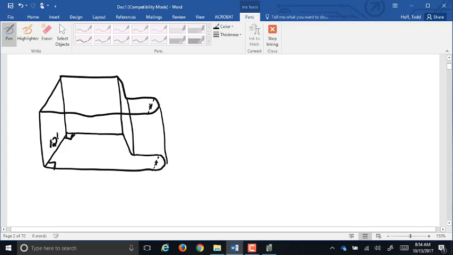Okay, so let's say that this side here is 12 feet. This up here, we're going to go at 18 feet. Oh, let's see, we're going to go 30 feet here, 7 feet there.